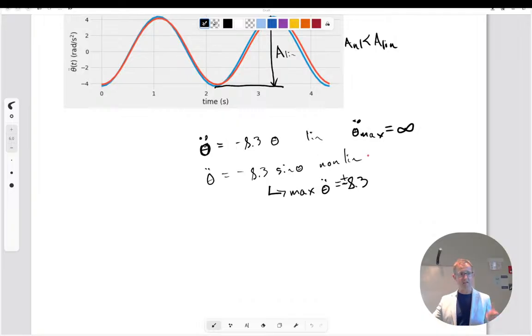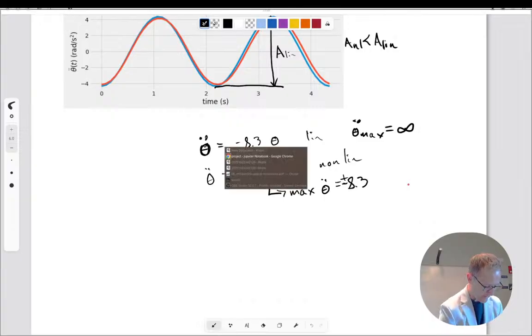So we can make the angle as big as we want. We can make it a full 360, and it'll swing back around 360 degrees, at least for a linear solution, because we said it's a linear spring. It's just the more you stretch it, the more it comes back. That's fine for small angles, but as you get bigger angles, you get weirder things happening.